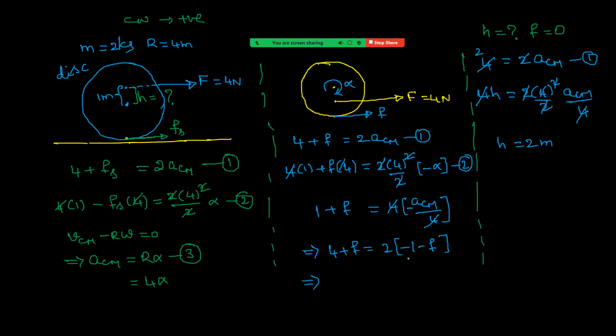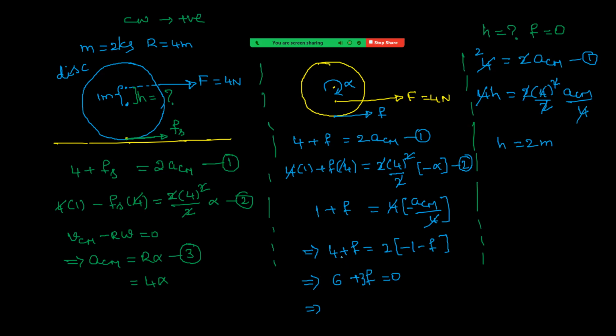Simplify this. Minus 2, take this side: 4 plus 2, 6. Plus F, and what else is left? Minus 2F. Taking it to this side, it becomes 3F. Let me cross-check the calculation once.